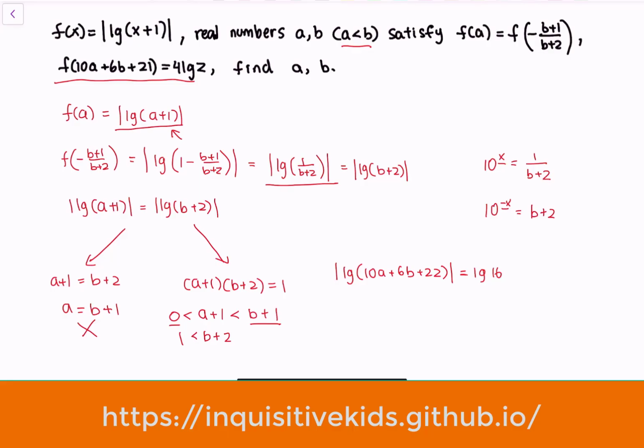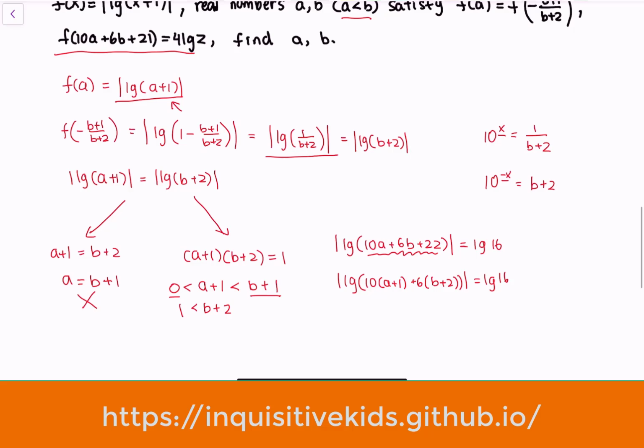Now, how can we manipulate the inside of this logarithm? Well, it is equal to 10 times a plus 1 plus 6 times b plus 2. We know that a plus 1 is greater than 0, and b plus 2 is greater than 1, which means that this inner value is greater than 6.